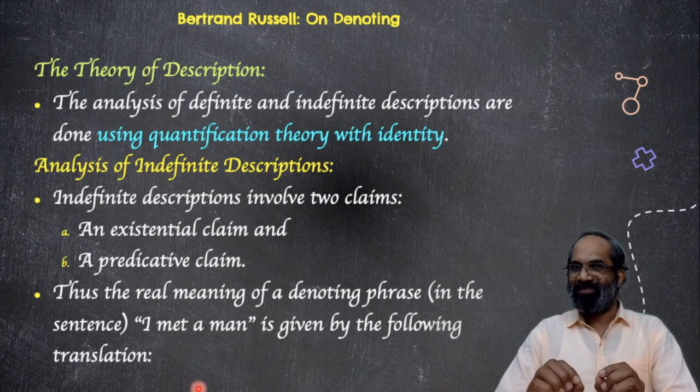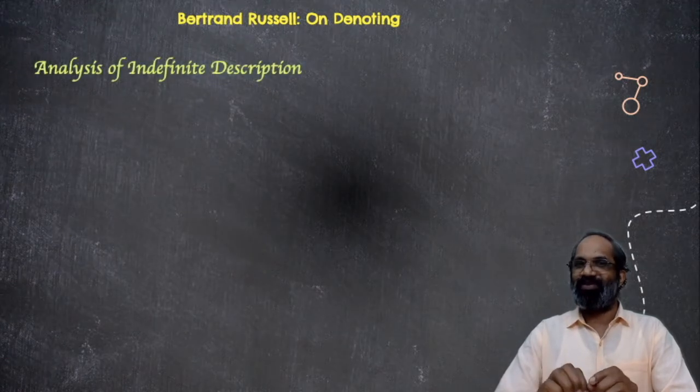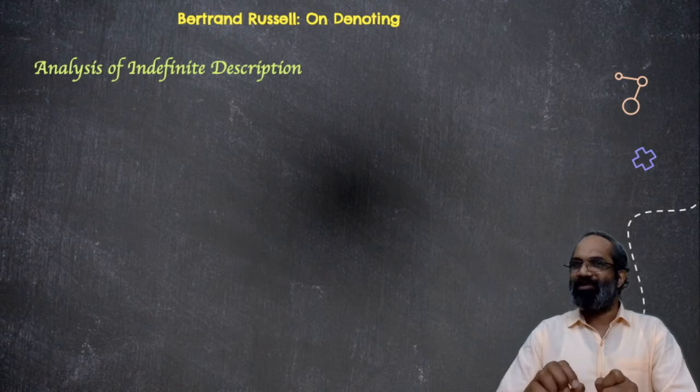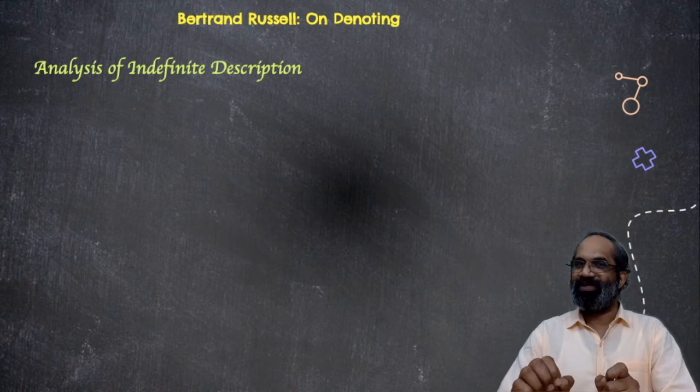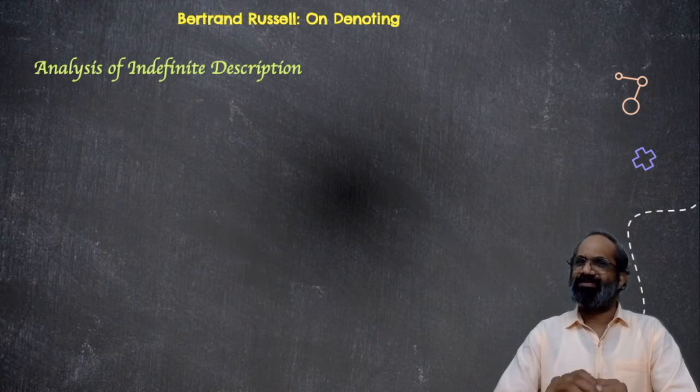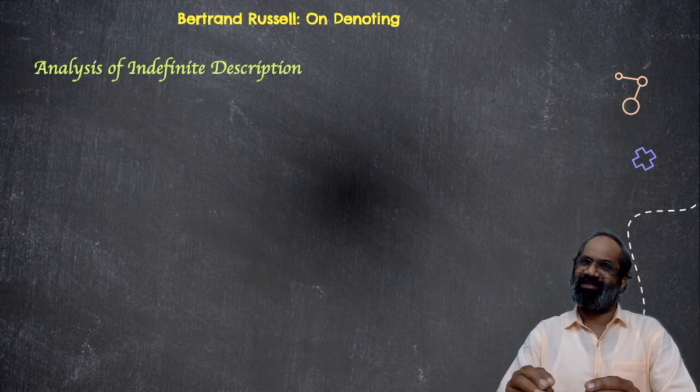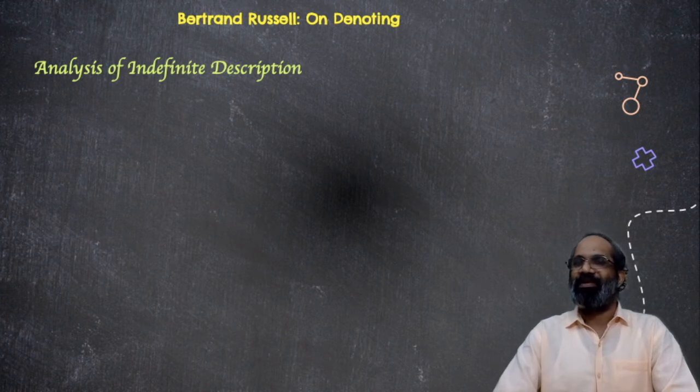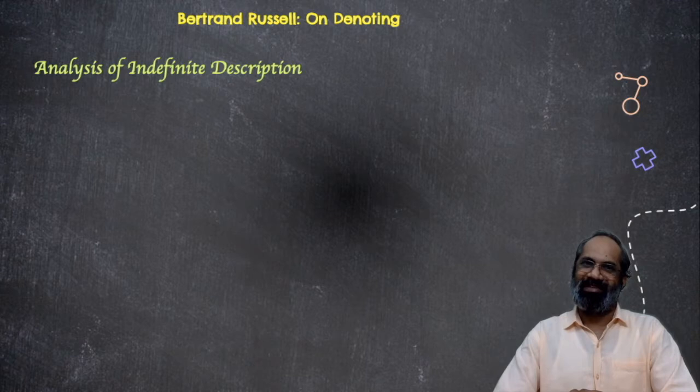You have to understand the real meaning of that. We have to get into the details of predicate logic in order to understand the meaning of the sentence "I met a man". What does it mean? It really means I met someone. In a sense, it's a particular proposition. If you go to traditional logic, it's an I-type proposition.